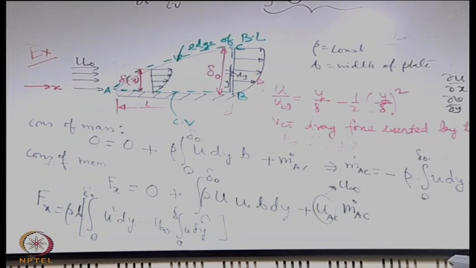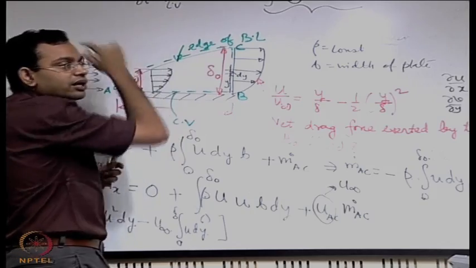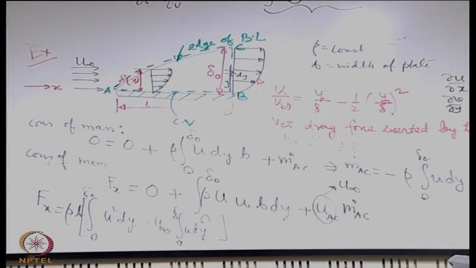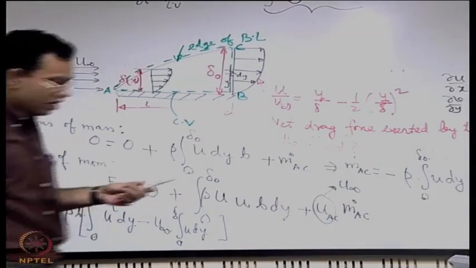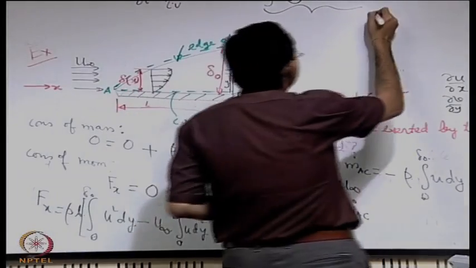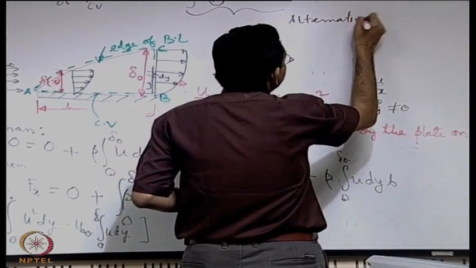Now could we choose a surface AC or a surface of similar type such that there is no flow across it? So let us try to draw a separate sketch with an alternative choice of the control volume.